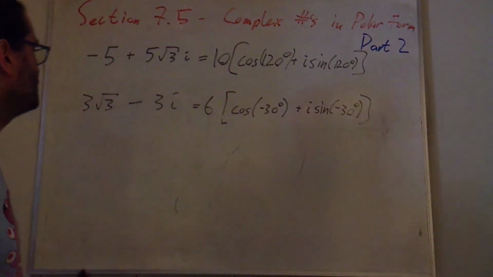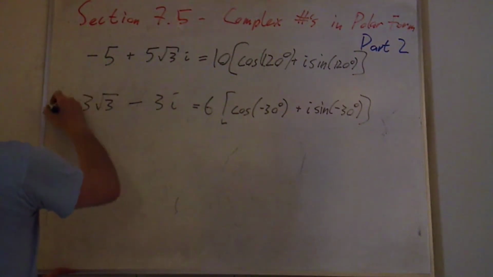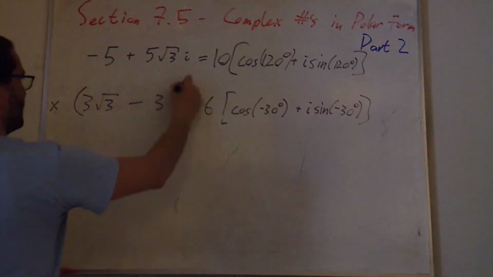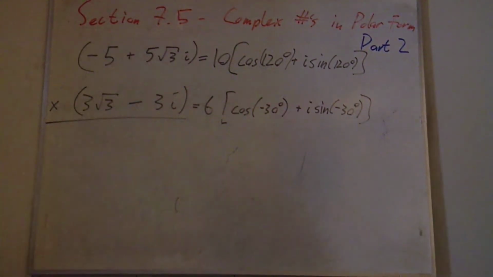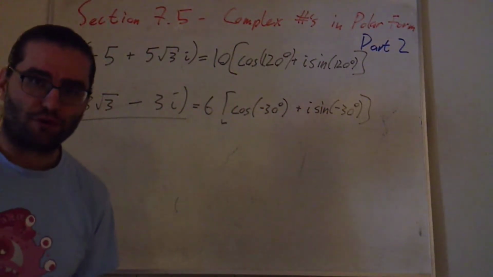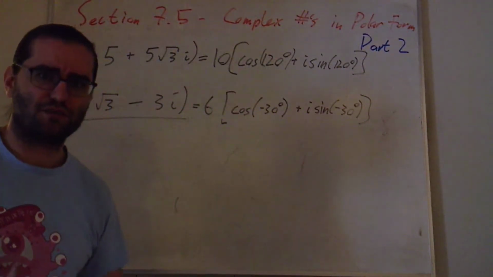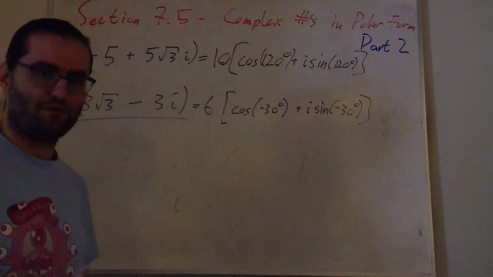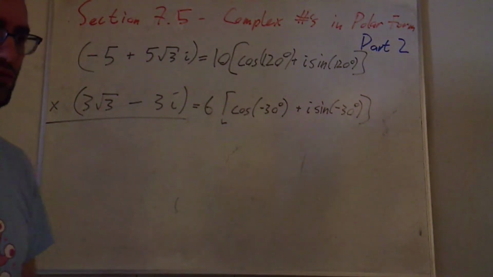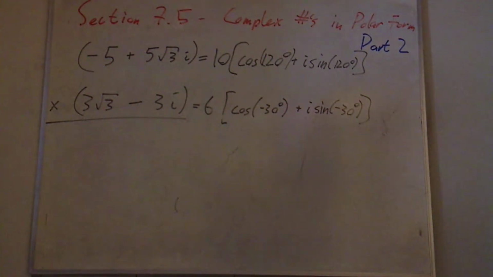The practical use is, I want us to think about what happens if I were to multiply these two numbers by one another. And we've done complex number multiplication before. That was a big part of section 1.4. It was kind of a pain because we have to do the FOIL thing from start to finish, and then after we do the FOIL thing, we have to simplify the i squared bits and try to figure out what's going on with all that.